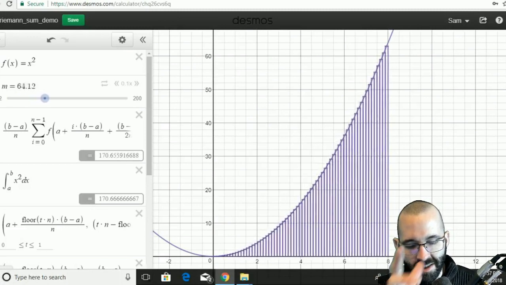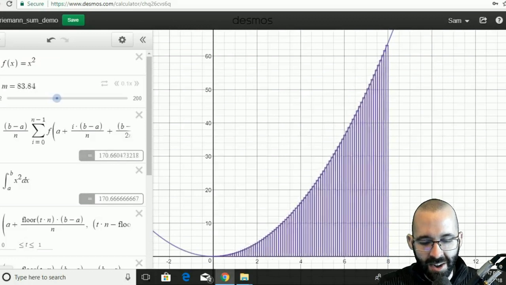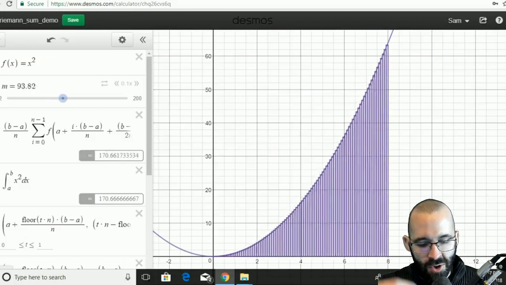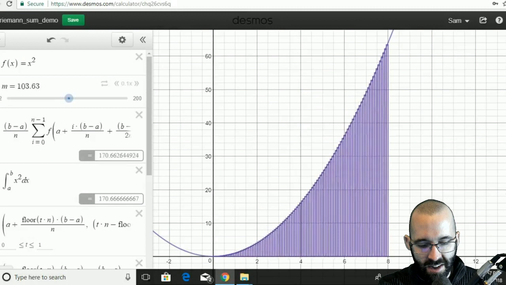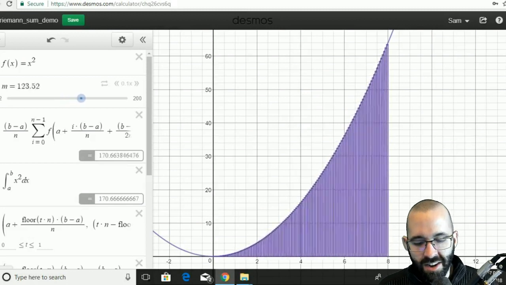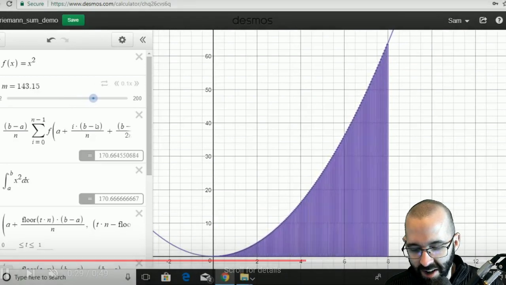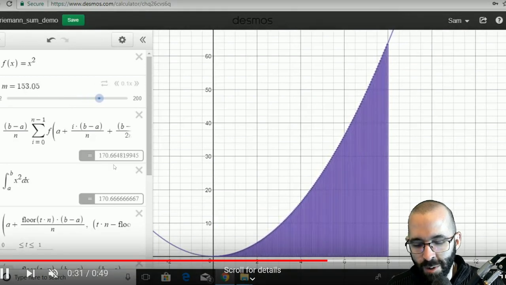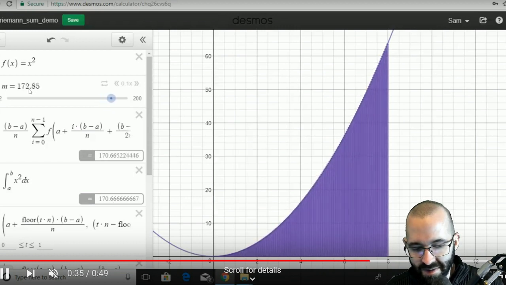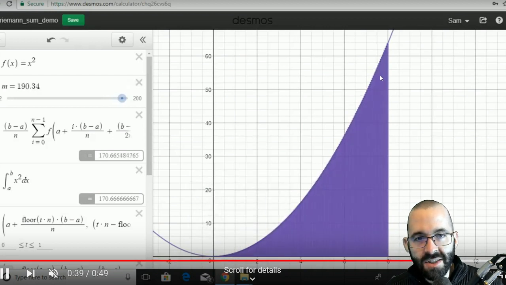Look at the areas of all those rectangles and see that as we add more and more rectangles, the drawing of all those rectangles is almost becoming the actual area under the curve. And look at our approximation here. The approximation is getting really, really close. We're up to 160 rectangles. So many rectangles.